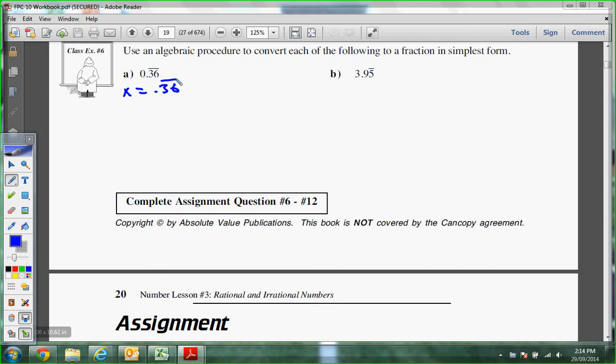The repeating digits are 36, so we're going to do 10 squared. So we're going to go 100x equals 36.36 repeating.